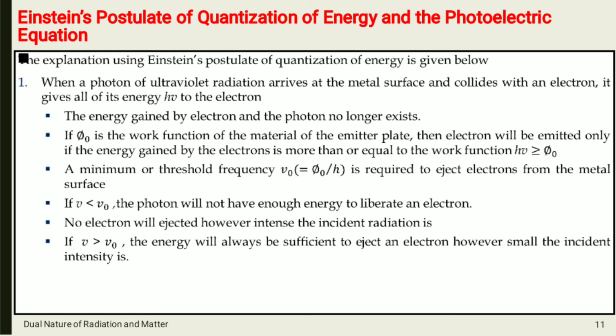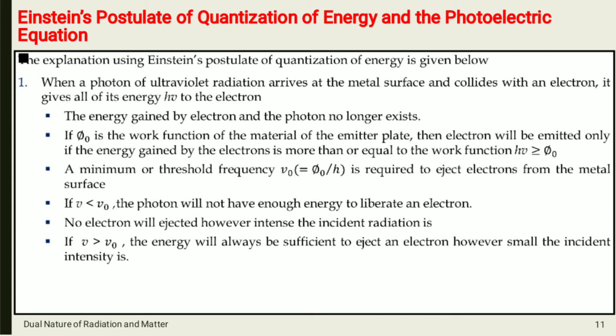Means someone is doing a photoelectric effect experiment in which that person is going to make light, that is ultraviolet radiation, incident on the metal surface. Then what will happen? That photon collides with the electron and gives its energy h nu to the electron. The energy is gained by the electron and the photon no longer exists.